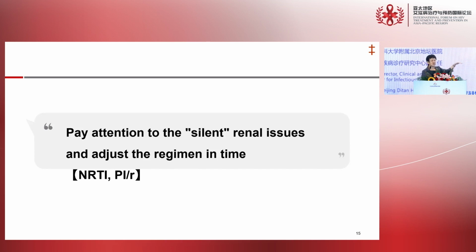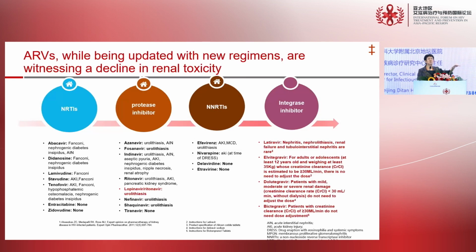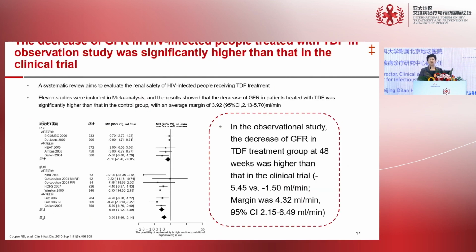I emphasize that NRTIs and PIs are metabolized by the kidney, and INSTI will inhibit the tubular secretion of creatinine. So that's why there is some effect on the kidney. For NNRTIs, there may also be some kidney toxicity, which may be neglected by us. So we have to keep an eye on the potential side effects.